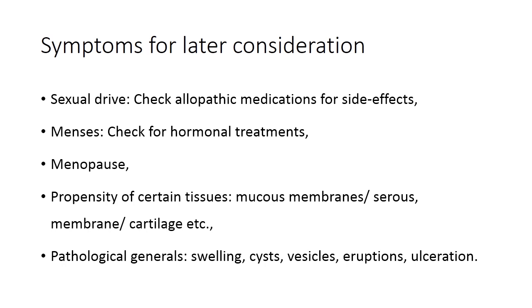And finally, there is something known as pathological generals, which was introduced by Boger and which can be repertorized, such as swellings, cysts, vesicles, eruptions, ulcerations. So these kind of things will also help you in your analysis.